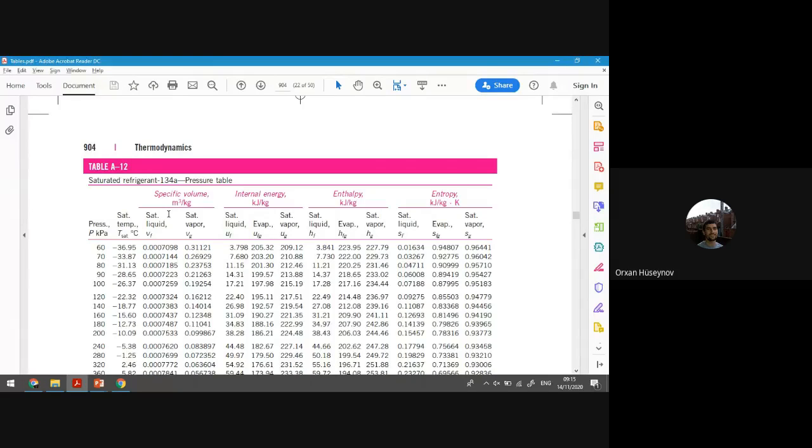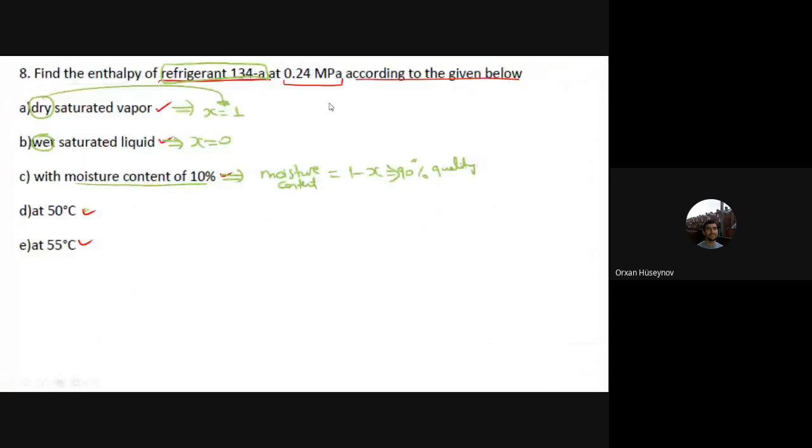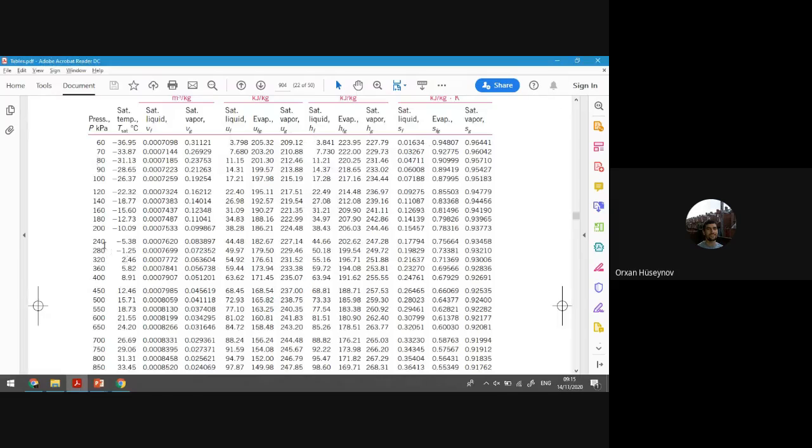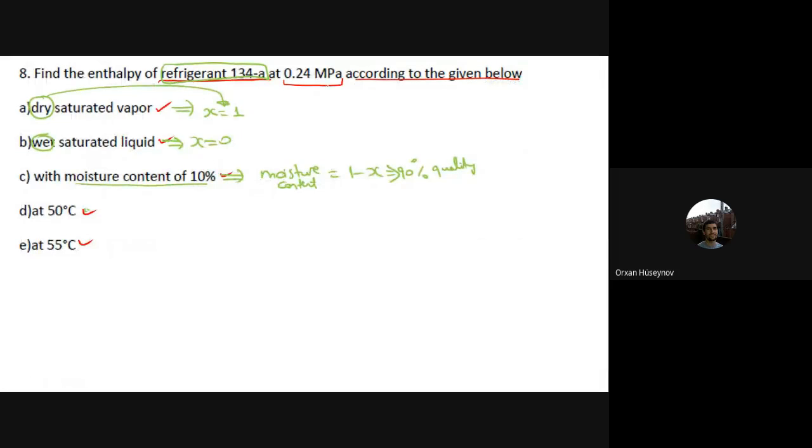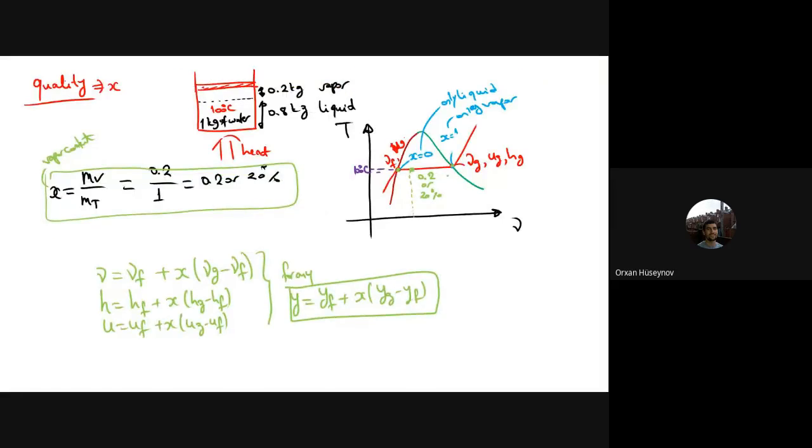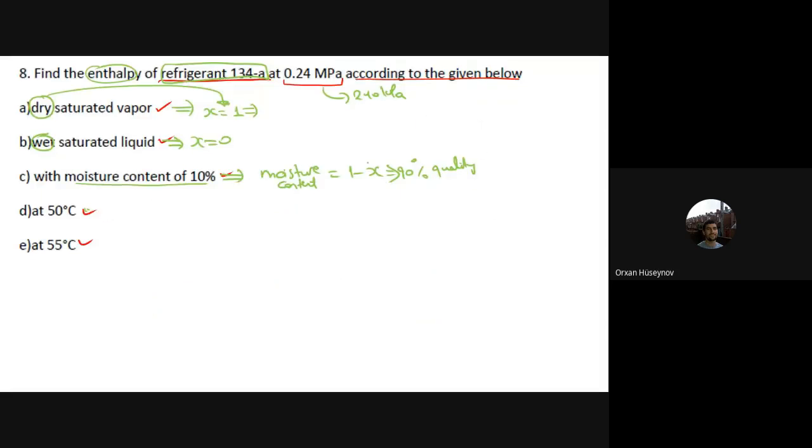Therefore, for our problem, the pressure value is given, it is 0.24 megapascals, which means it is 240 kilopascals, and I'm trying to find the enthalpy value. If the quality is 1, you remember from the chart here that quality 1 means we are looking for Hg, and here quality is 0, so you are looking for Hf.